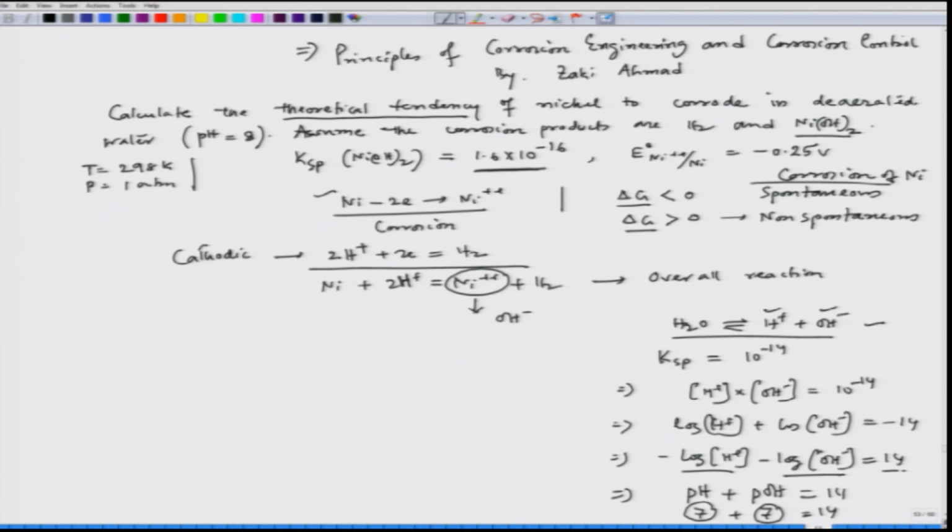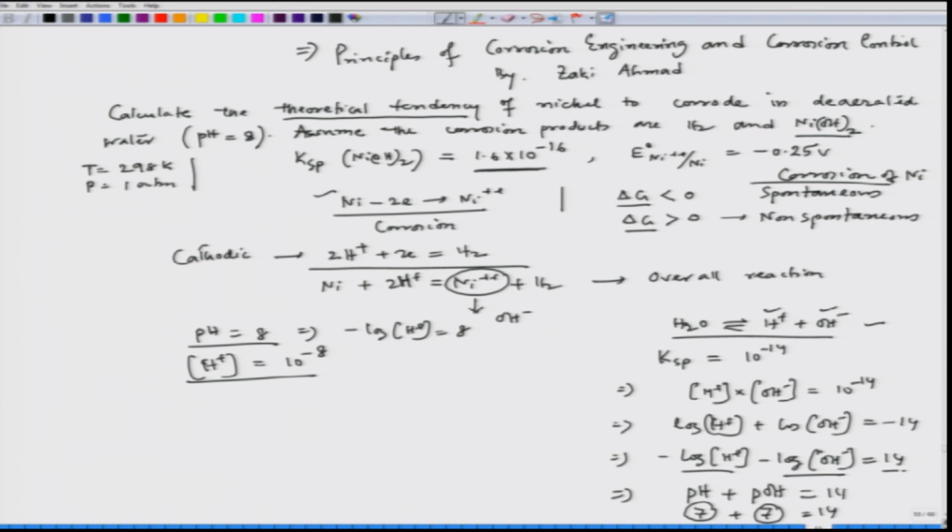Now, here we have pH equal to 8. So, that means the H plus concentration is nothing but 10 to the power minus 8, since minus log of H plus equal to 8. That is how I can find the concentration of H plus.